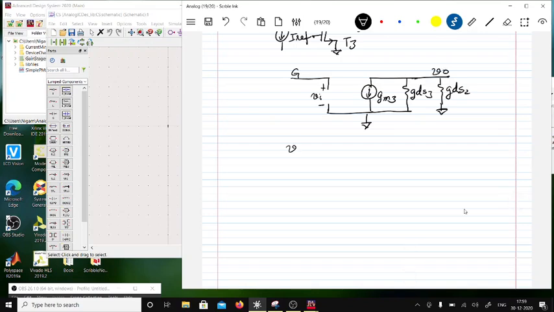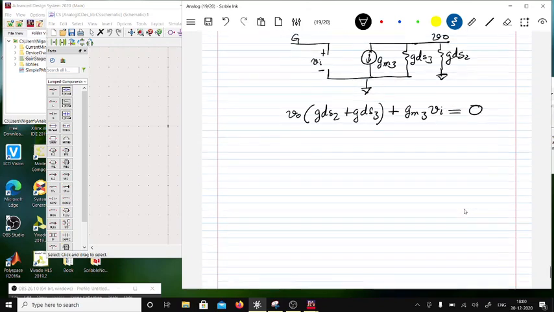So I'm going to apply Kirchhoff's current law here. Okay, current law would be VO into GDS2 plus GDS3, because they are in parallel, right? GDS2 plus GDS3 would be the total conductance, and the current flowing out of the node is taken as positive, and current flowing in is taken as negative. That will be equal to GM3 times VI, and that would be equal to 0.